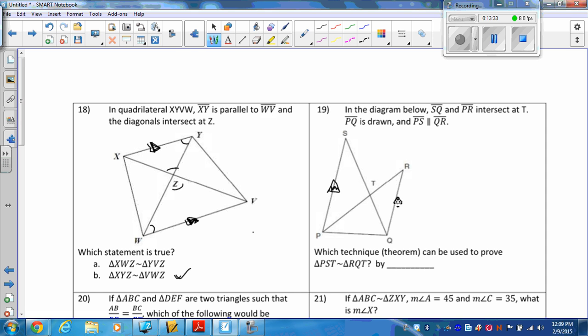Those two lines are parallel. So these two angles are congruent, and this angle matches this angle. So it's going to be angle, angle, side.